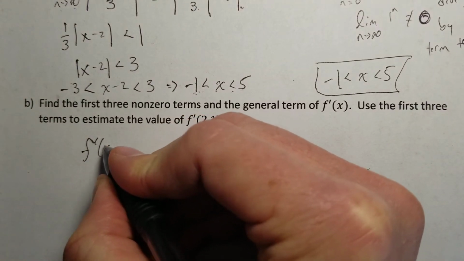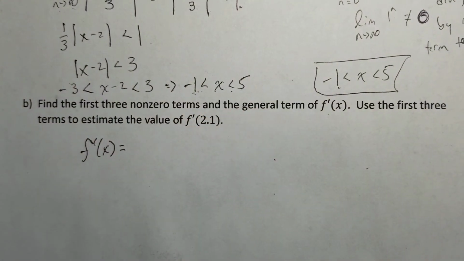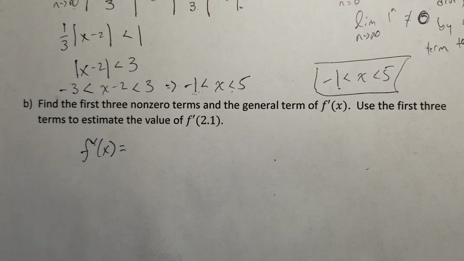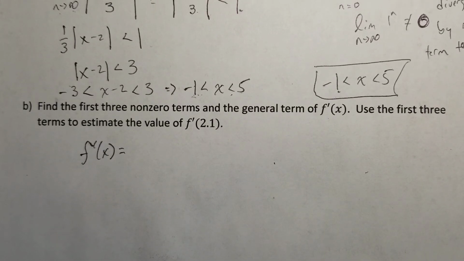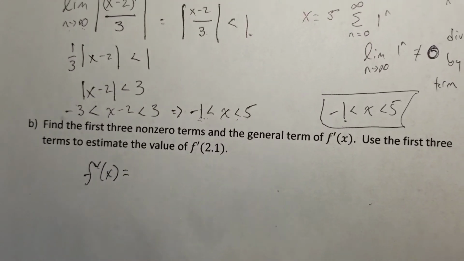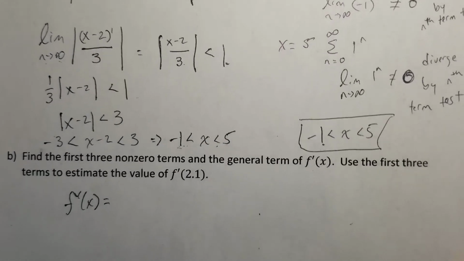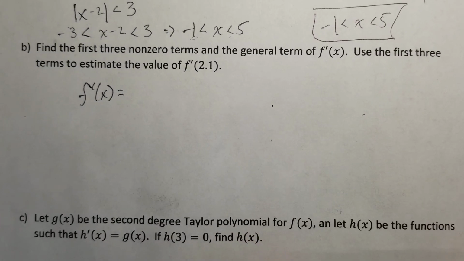F prime of x will be, f of x starts with 1, derivative of 1 is 0. That is not non-zero, so I can't use that. Derivative of 1/3 x, maybe I can, nope, I'm not going to be able to get this. Go ahead and take a look at your page for f of x. I'm just going to do this verbally as we compute our derivative.